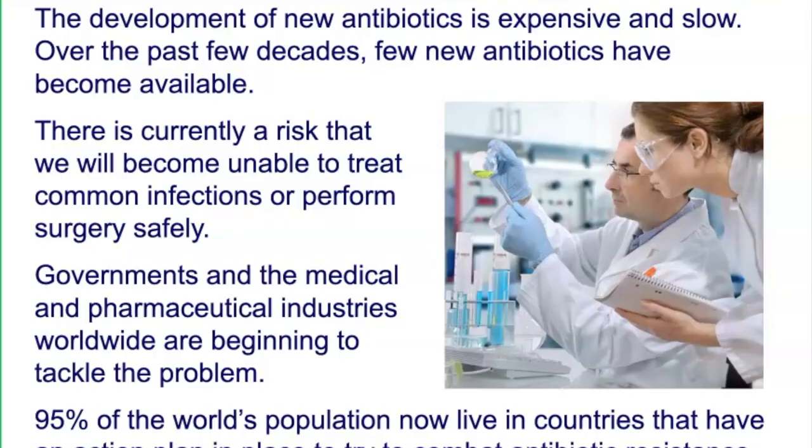Meaning that when you go to the doctor and you tell the doctor that you're not feeling real well, and they identify you as having a viral infection, don't expect them to write a prescription for an antibiotic, which will do nothing for the infection that you have. Doctors reserving the strongest antibiotics for the most serious infections. Doctors not prescribing antibiotics for viral infections, as I previously mentioned, and limiting the use of antibiotics to treat livestock in farming.